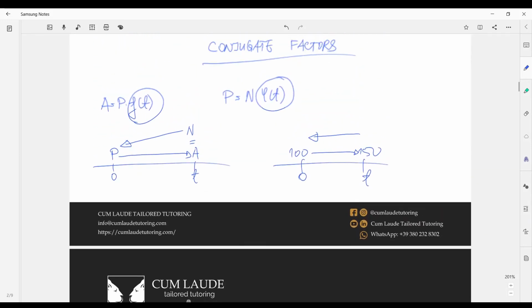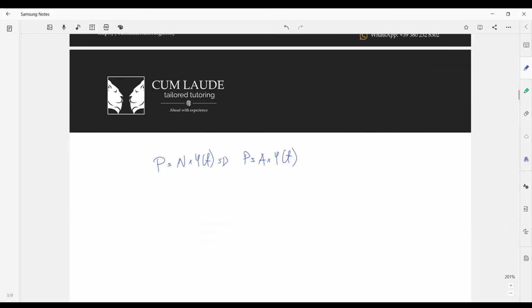And for A, what do we know? That A is equal to P times f of t, the formula we said at the beginning. So let's plug it in. So this is equal to P times f of t times phi of t.